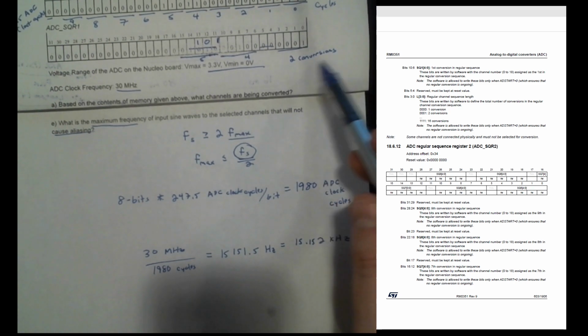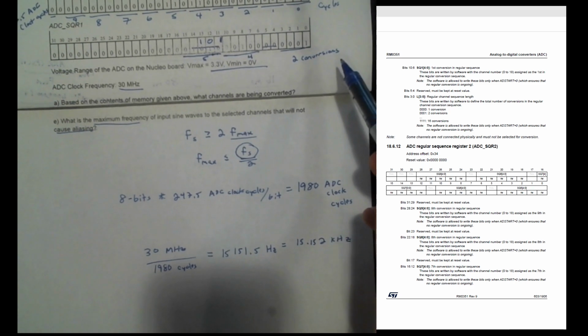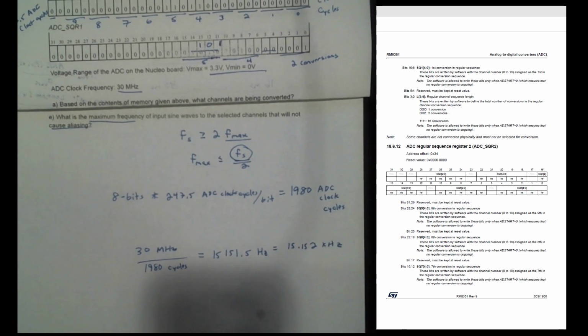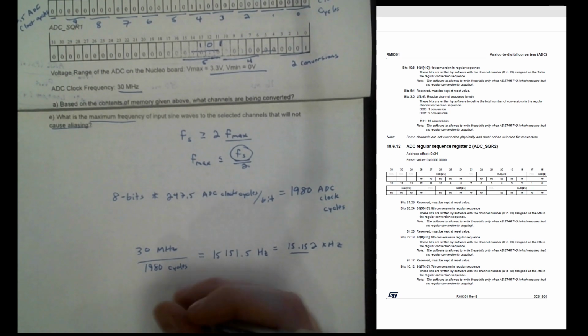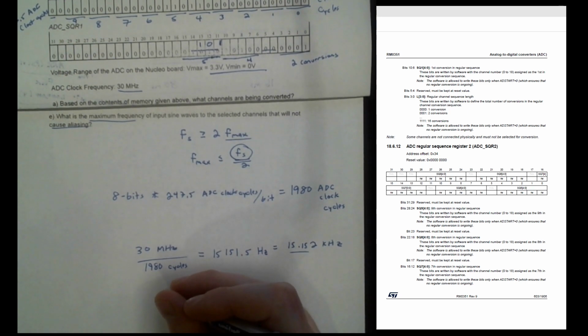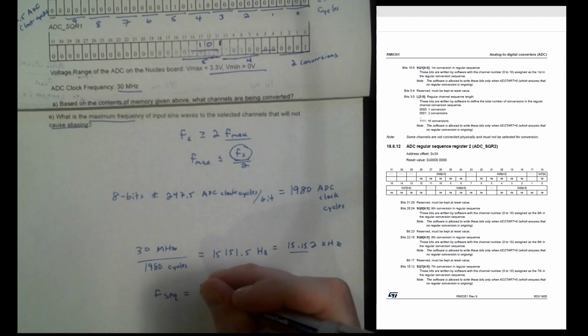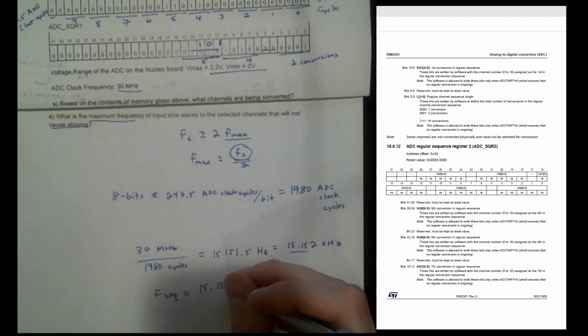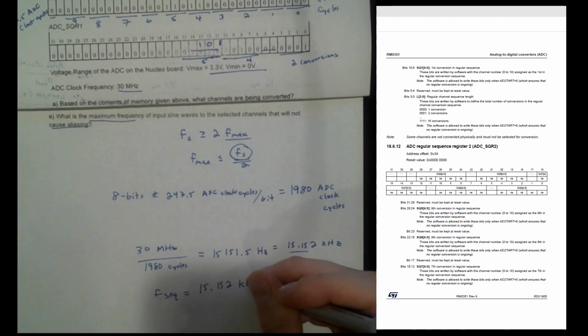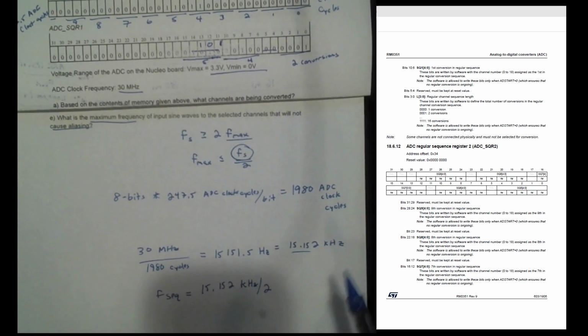We need to keep in mind that we are doing 2 conversions per set. So each of those conversions is going to happen in sequence, and that means that for each of them, it's actually going to be half as fast as our maximum speed. So our rate per sequence is now going to be 15.152 kilohertz divided by 2, because to convert one channel, we're going to convert channel 4, then channel 5, then channel 4.